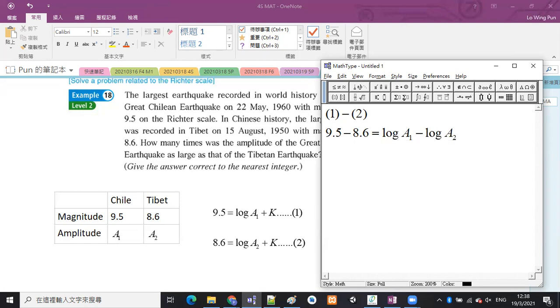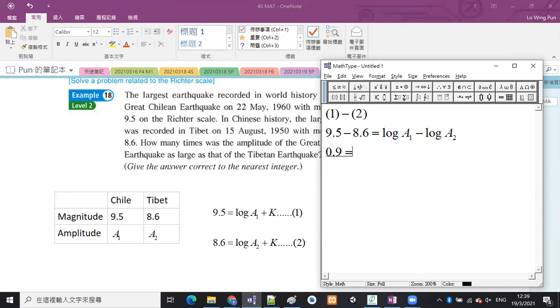Okay, and we have K minus K, which are cancelled by each other. Can you follow? And then the left-hand side, it is a pure number, so you may use the calculator to find that it is equal to 0.9.